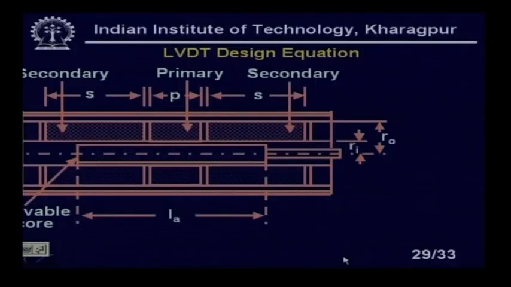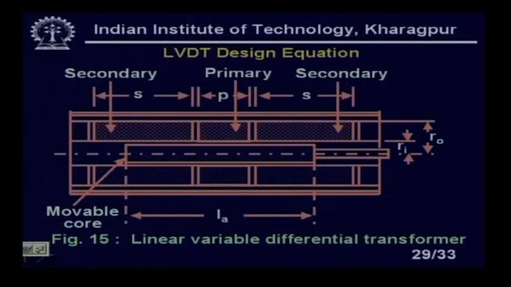Now, how to design this LVDT? You must see this schematic of our LVDT. These are the primary windings, because this is basically a cylinder sort of thing. Here we have the iron core. This is our primary coil, and there are two identical secondaries.